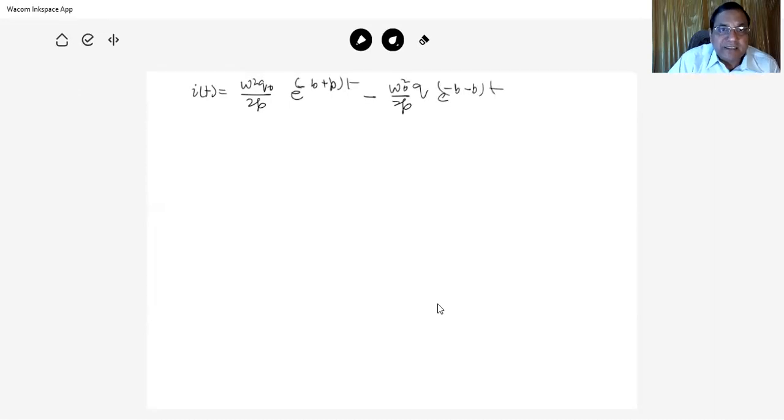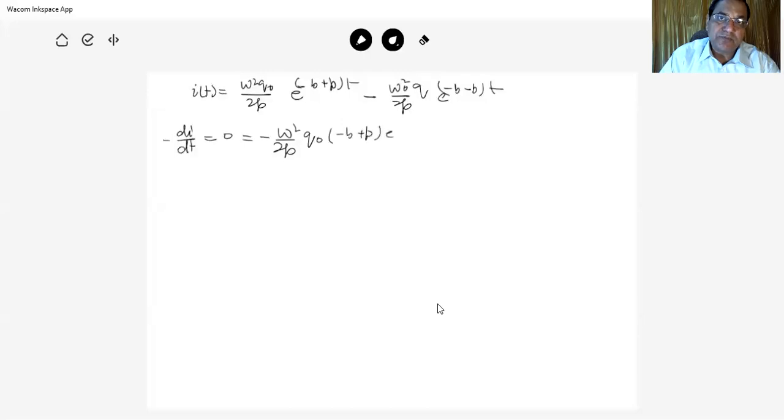Now differentiate, di by dt, and set it to 0. So this will be minus omega square by 2P Q0 times [minus (B plus P) e raised to the power minus (B plus P) T minus of minus (B minus P) e raised to the power minus (B minus P) of T].